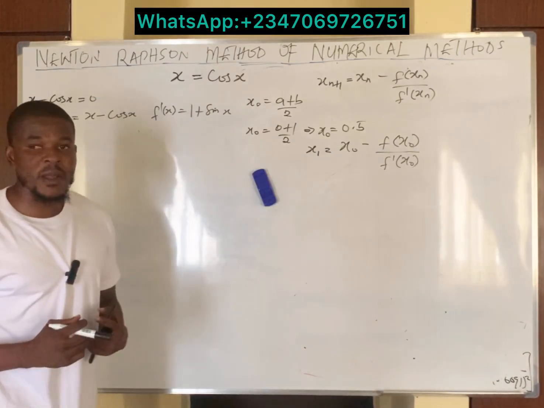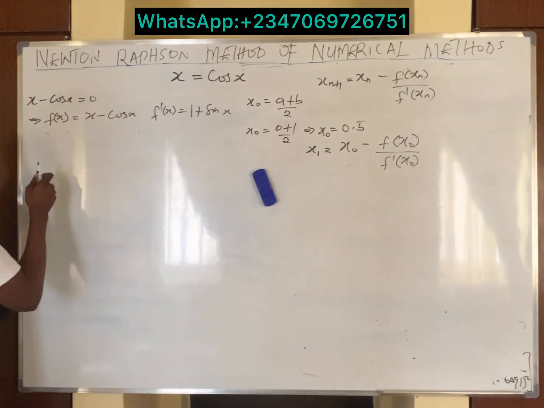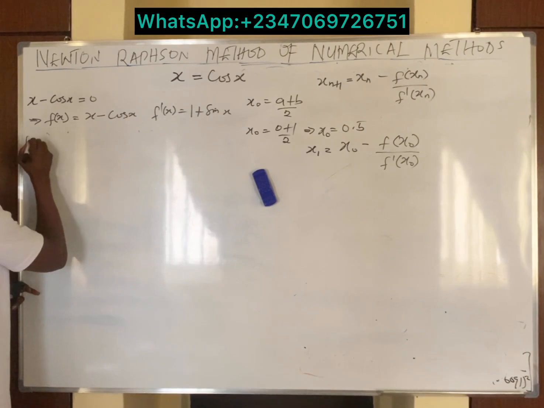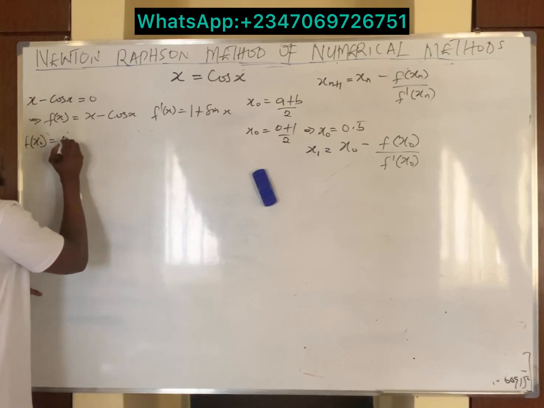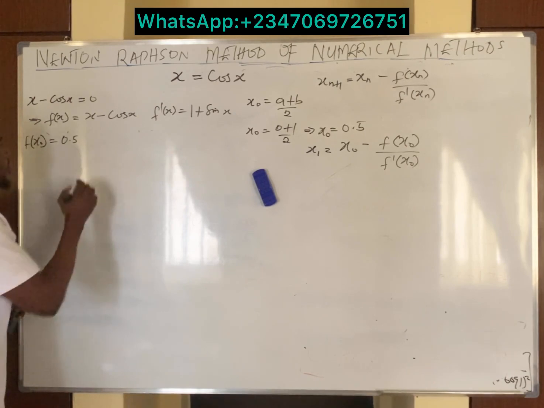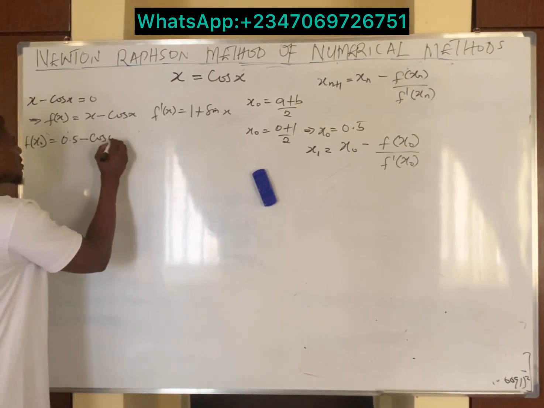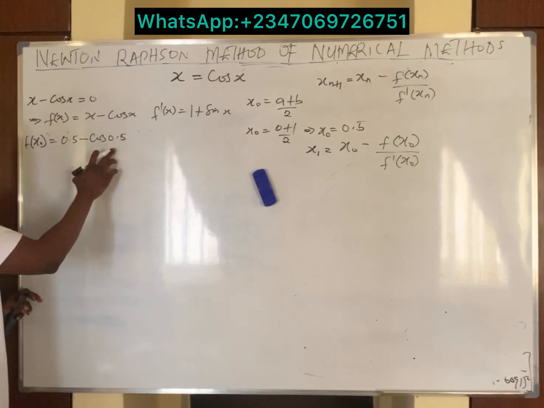So now that I know all my parameters, let me start plugging in the initial guess into the functions. So I will find first f of 0.5, which is f of x naught, and that simply gives me 0.5 in place of x. Wherever you see x, now put in the value as 0.5. So I have 0.5 minus cos 0.5. Don't forget to put your calculator in radian mode to punch cos 0.5.